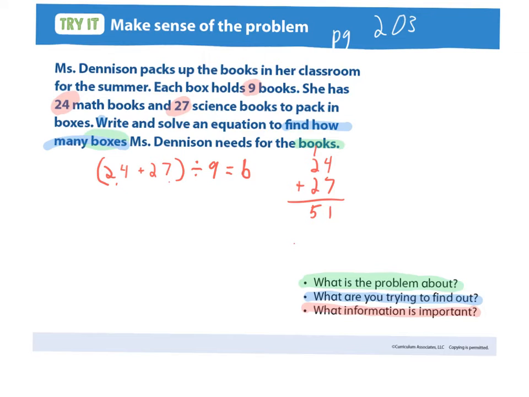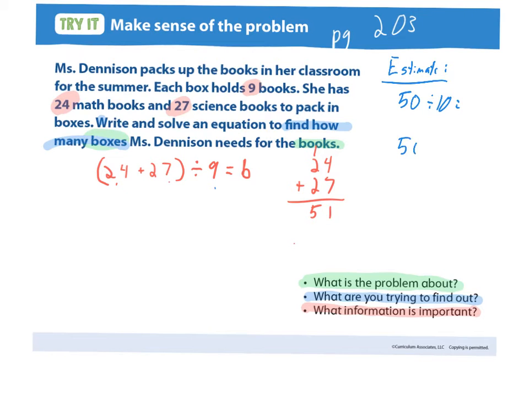And if I know there's 51 books, and we're putting them in boxes of 9, we can estimate this a little bit. Because there's about 50 books, and we're going to put them into groups of 9. What if we put them into groups of 10 instead, just to make this a little bit easier? 50 divided by 10, right?